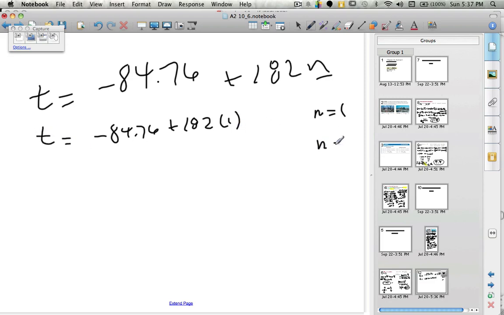And N could also equal 2, because even though this would become 364, that's still inside the year. And in that case, I'd have T would be equal to negative 84.76 plus 182 times 2, right, which would be 364.